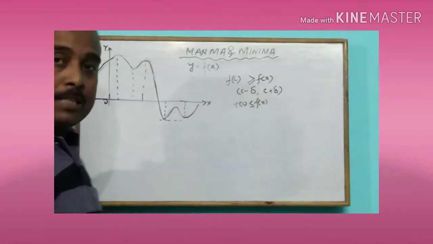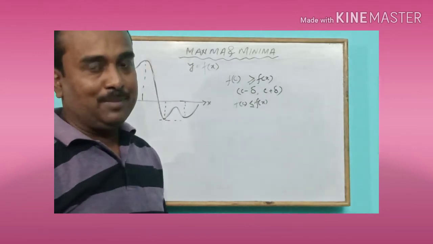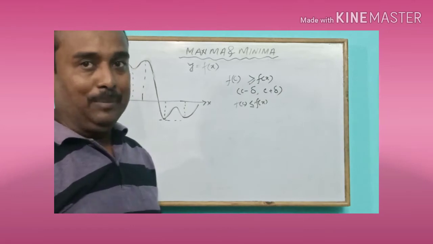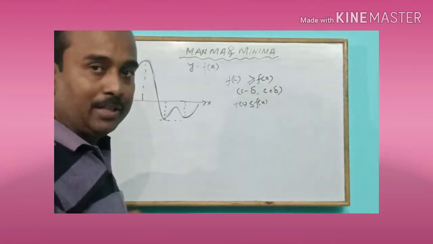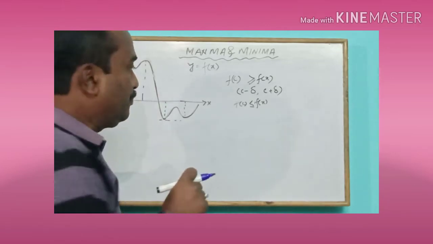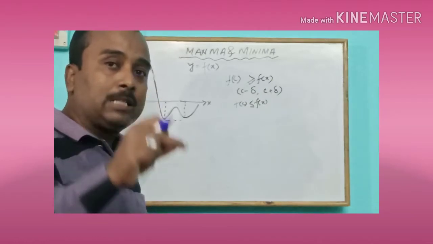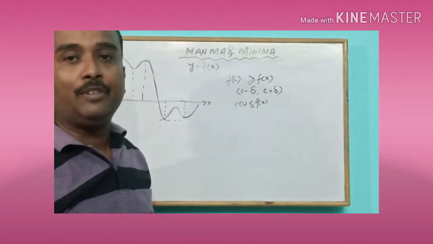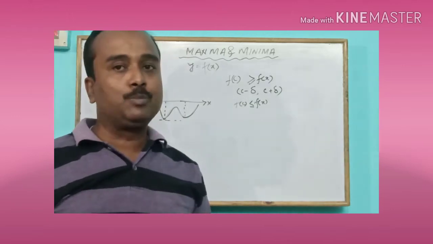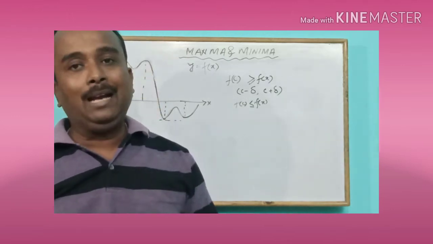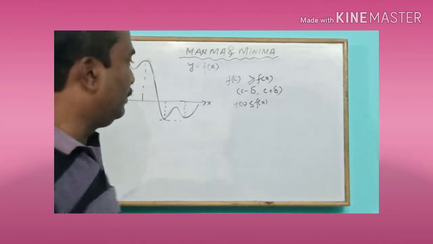So a local maxima or local minima may not be an absolute maxima or absolute minima. Local maxima or minima is only for a localized point or area, but absolute maxima or minima is the maximum point throughout the domain of the function. That is the main difference. I hope you have understood the difference between local and absolute maxima, and the same way local and absolute minima.